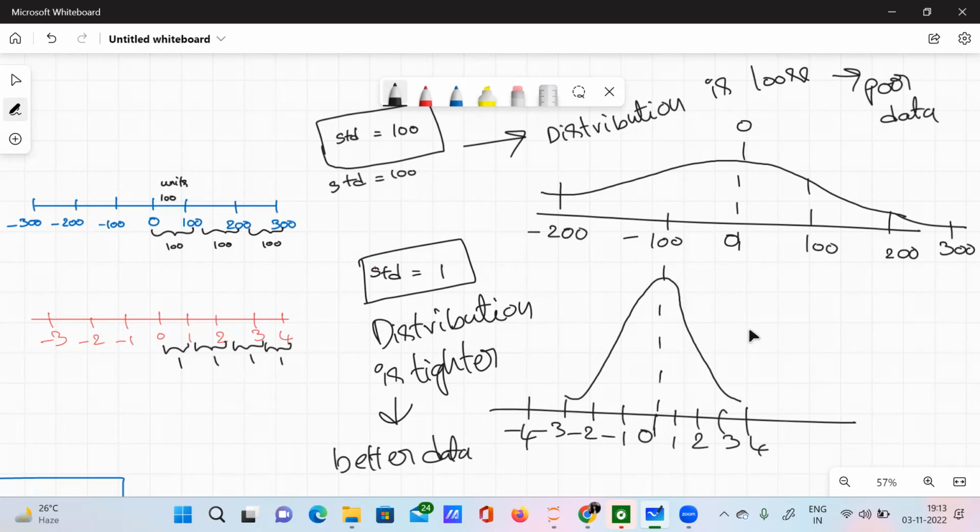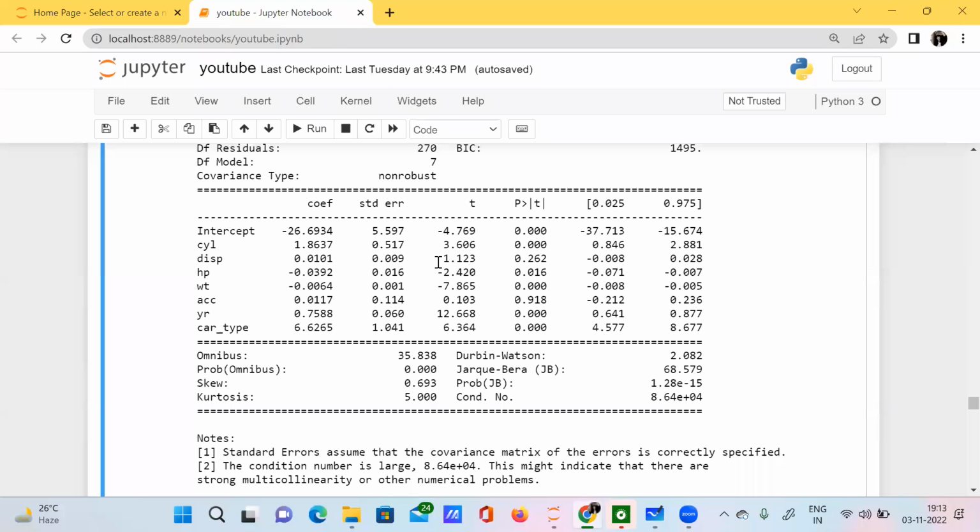So just have a look at these particular coefficients here. Here we have all the coefficients, right? And just have a look at the p-values here. If any p-value is greater than 0.05, just spot out what are all the p-values that are greater than 0.05.